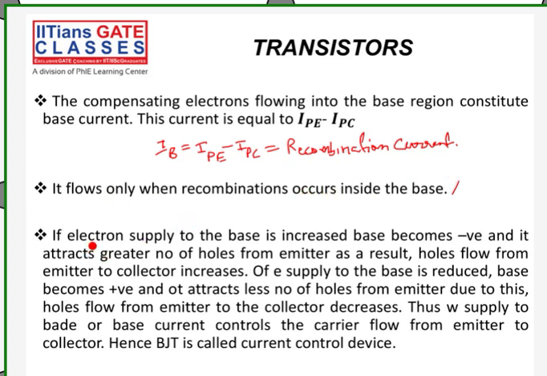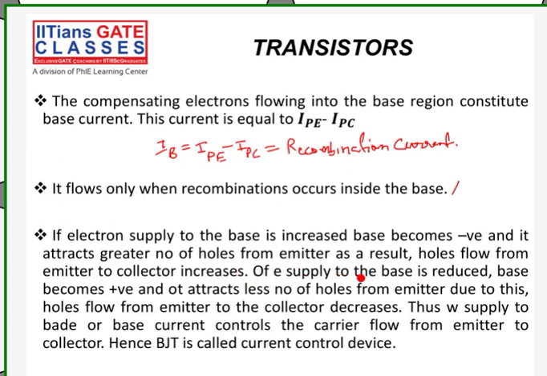Second thing, now if electron supply to the base region is increased, the base becomes negatively charged and attracts a greater number of holes from the emitter. As a result, the hole flow from emitter to collector increases. Obviously, a large number of holes will be attracted towards the base region, and they will be crossing the base region and going into the collector region. So this increases.